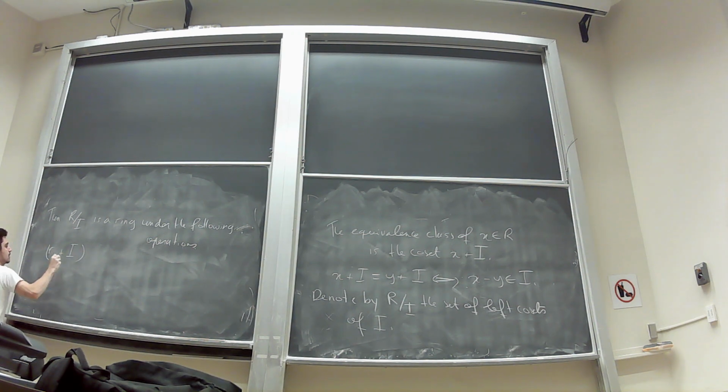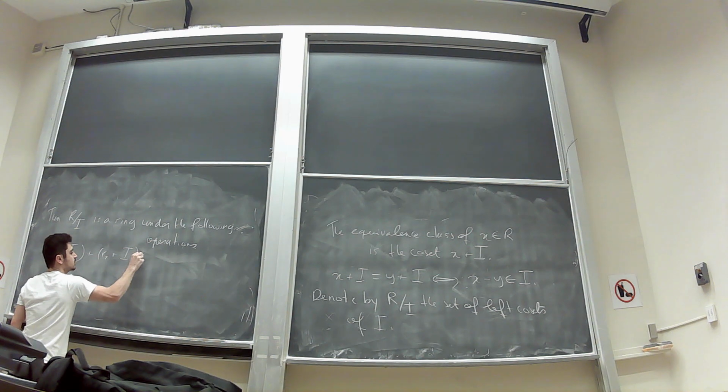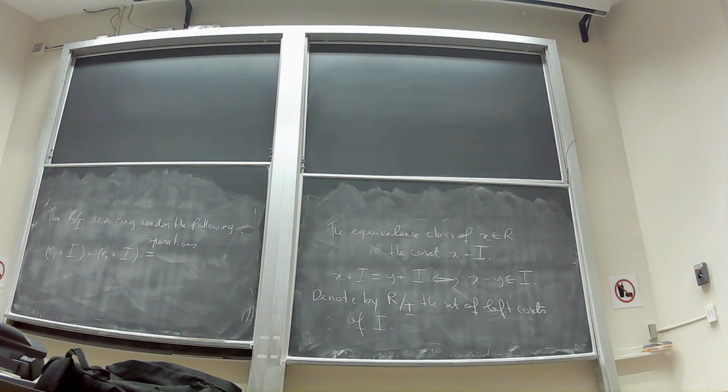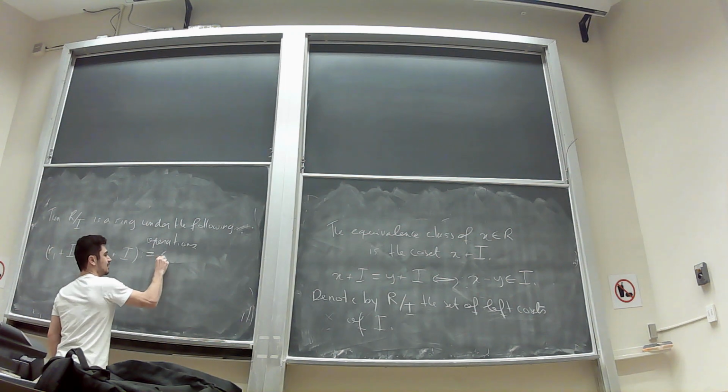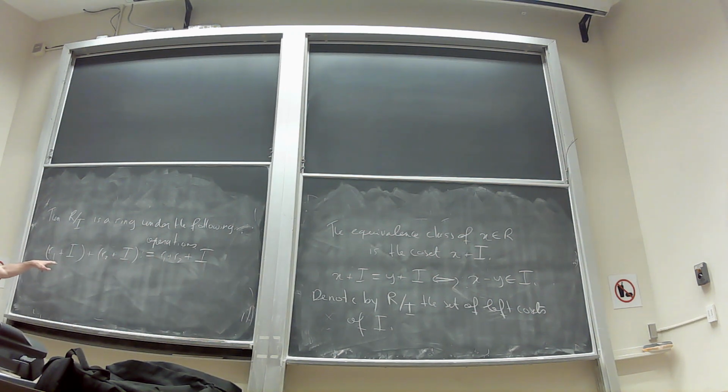This should be obvious, right? We have seen this in groups. How do I add two cosets? R1 plus R2 plus I. Yeah, exactly. This is just the group operation.